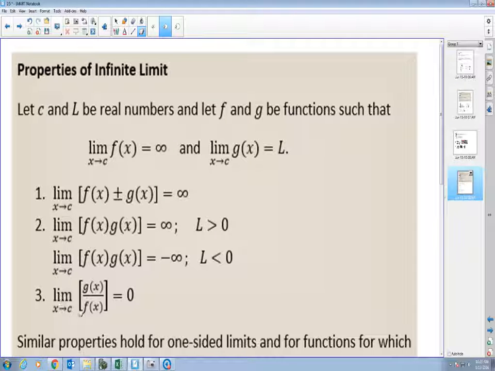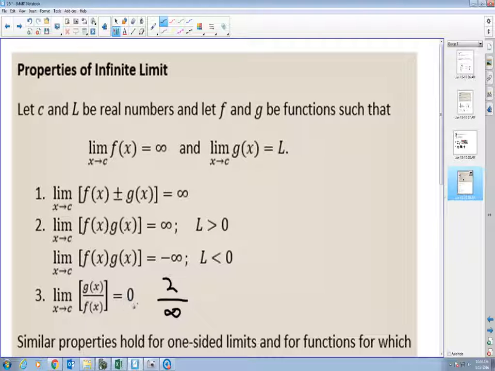Now this one is very funny. The quotient of the limit here. Remember now, the limit of g of x is a particular number. So let's pretend that's a 2. The limit of my function f as x approaching to c is infinity. So as you can see, if you take a number divided by a real big number, you're actually going to get something very small.